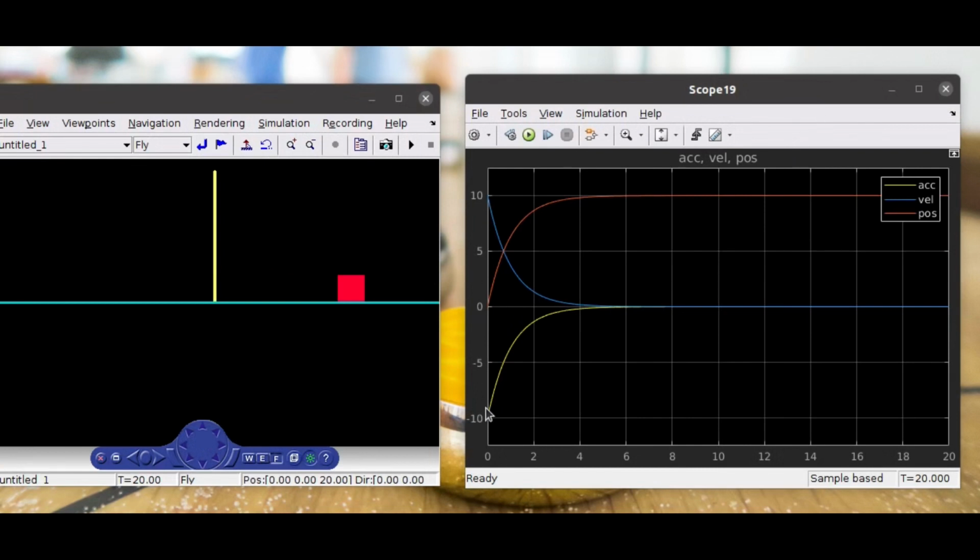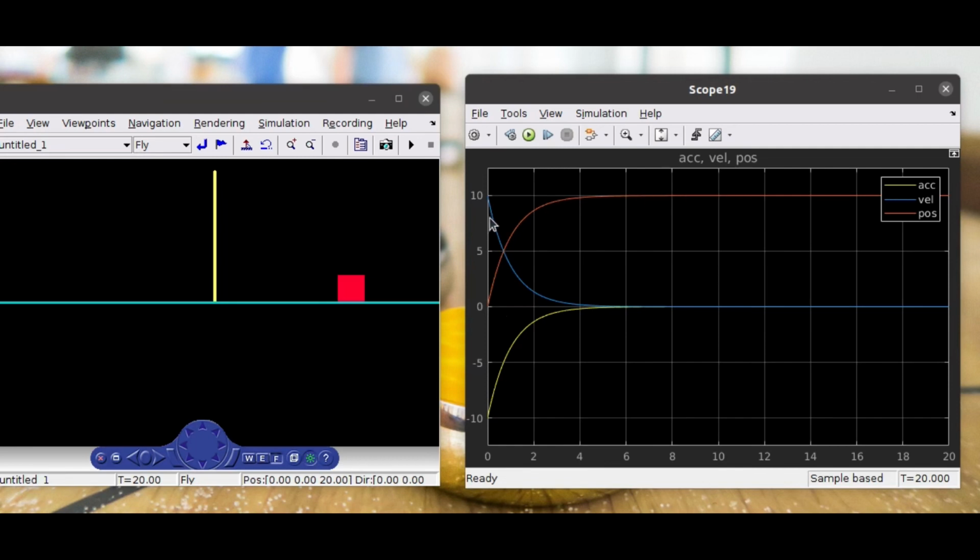The force and the velocity act opposite to each other till the time the velocity becomes 0, and thus the force also becomes 0. This is one objective that we wanted. So in this, the force that is acting on the body is always opposite to the velocity of the body. Thus the body comes to rest, but while doing so, the position changes.